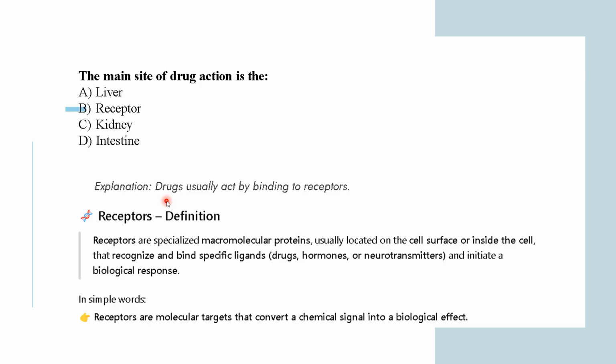If you inject something into your body, that is known as a drug, then it will not directly go to your liver, kidney, or intestine and do something. It is not like that. It will go to your cell membranes, having a phospholipid layer, with receptors, enzymes, and ion channels attached to it. Then the drug will bind to one of the receptors, and the mechanism of action will start.